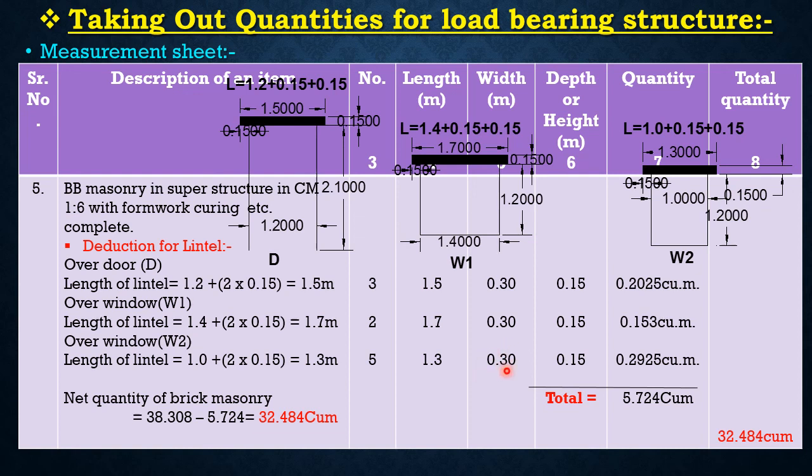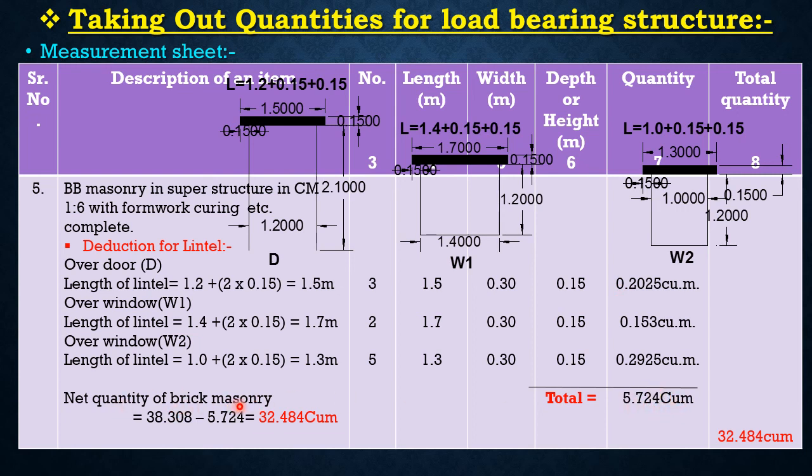Width is 0.30 meter and depth is 0.15 meter. So quantity is 0.975 cubic meter. Then addition of all deductions, for door, for window and for lintel, is 5.724 cubic meter.